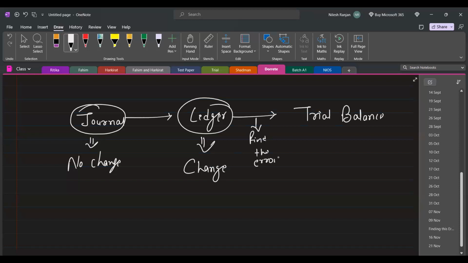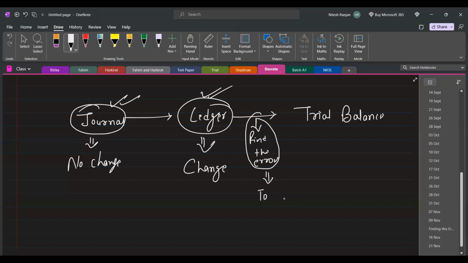So at this point, your journal is complete and your ledger is complete. You cannot cut them or rewrite anything in the journal or ledger. You have to rectify things here, and for this, you have to write a separate sentence on the debit or credit side of that account after balancing.